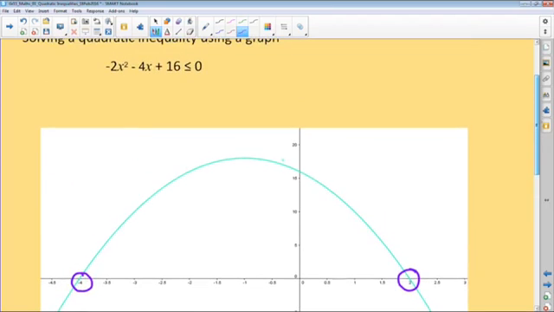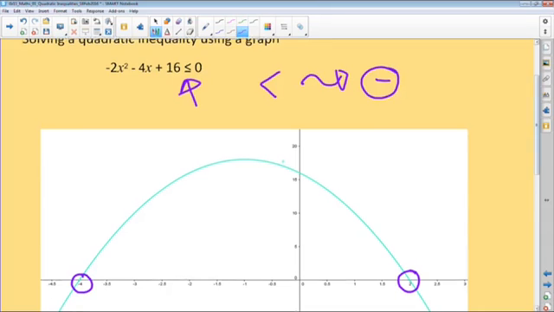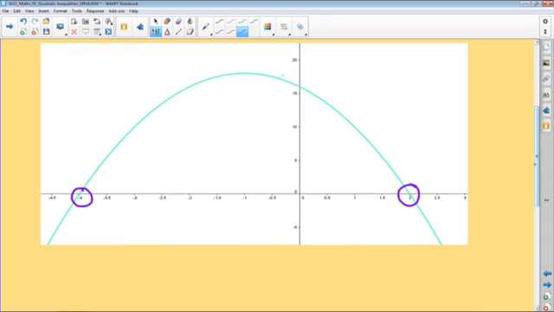Now, they're saying this is less than or equal to 0. Remember what we said about less than: it's negative, your y should be negative. So where is the graph below the x-axis? It should be somewhere there and then also there.